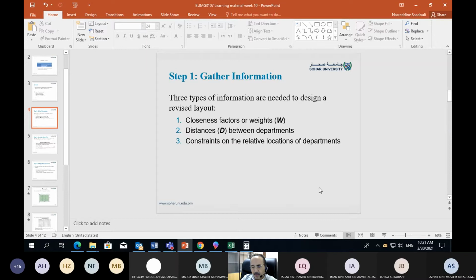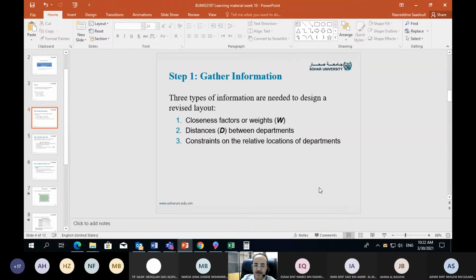The closeness factor or closeness weight is an assessment of the importance of 2 components being close to each other. So if this weight is high, it means that it's important that these be closer to each other. If it's low, the lower it is, then the less important that they are close to each other.